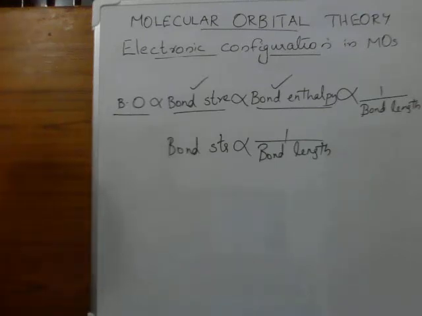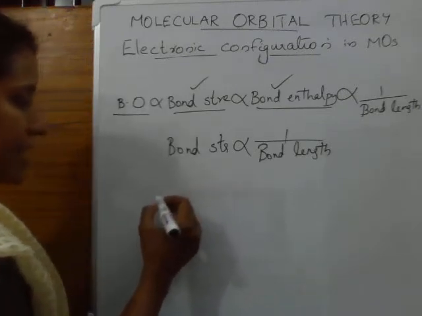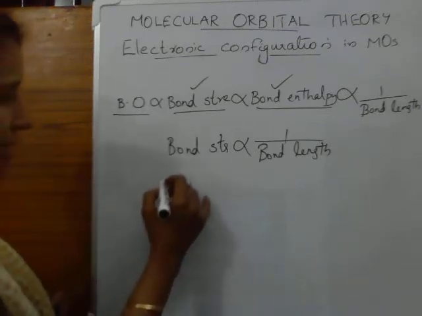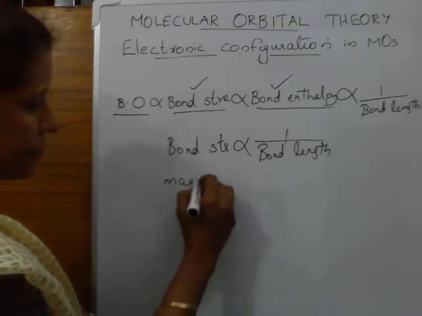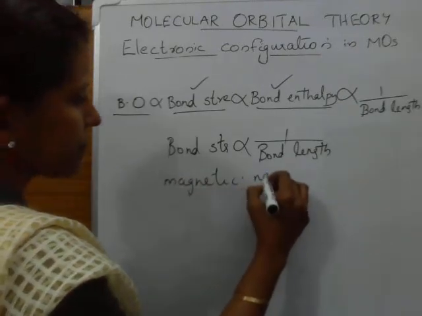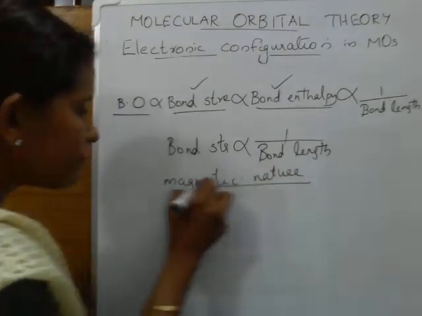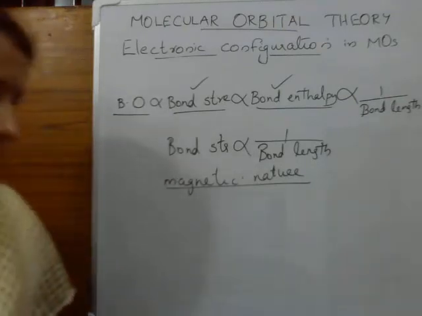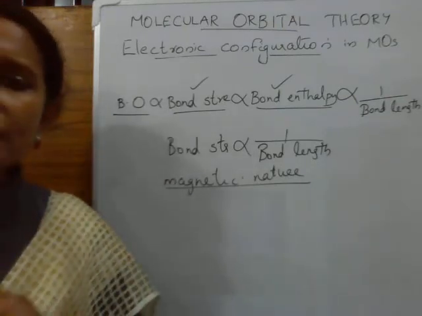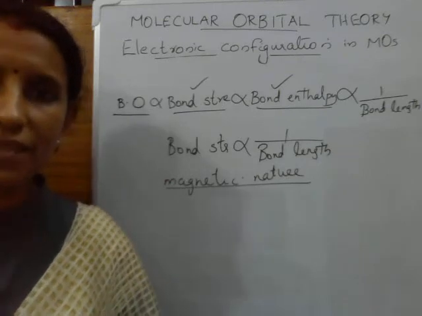Next one, we can predict the magnetic nature of molecule. Every molecule or every substance is associated with some amount of magnetic nature.